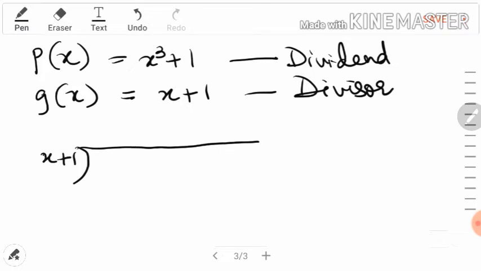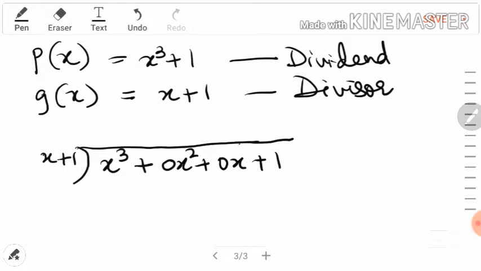Now the dividend has a degree of 3. There are no terms with power 2 and 1. So we will have to write those terms as 0x square plus 0x plus 1.